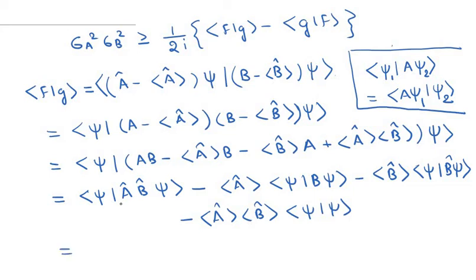Okay, so this first term is basically the average value of the operator AB.